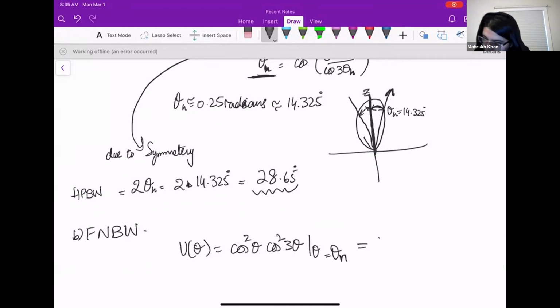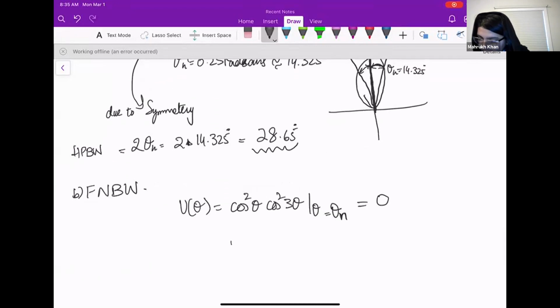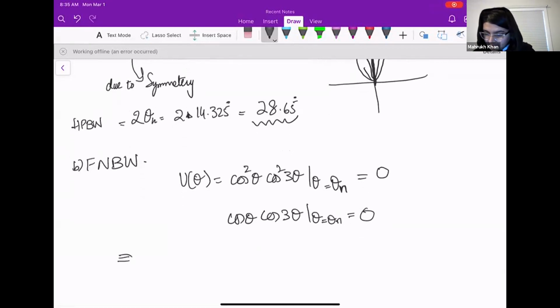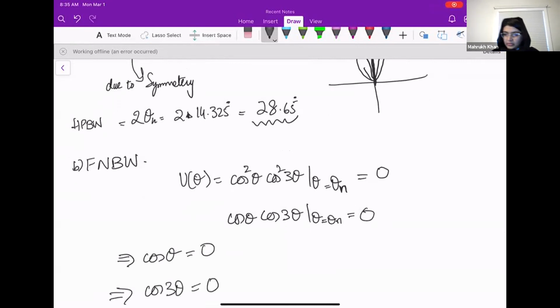So this is equal to 0, which means the null is equal to 0. I mean, the square root will also be 0. So solve for that for which it comes 0.